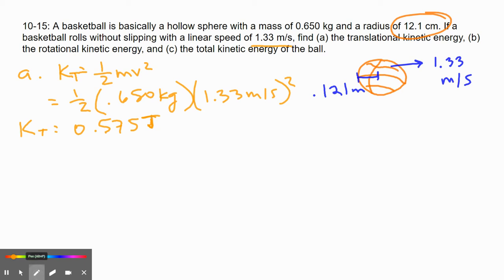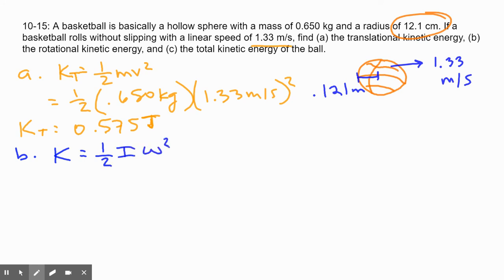For part B, go to blue now. We need the rotational kinetic energy. Okay. Looking at your equation sheet, and you can always pause this if you need more time to search. So the rotational kinetic energy can be found through the following formula. K equals 1/2 times the inertia times the angular speed squared.